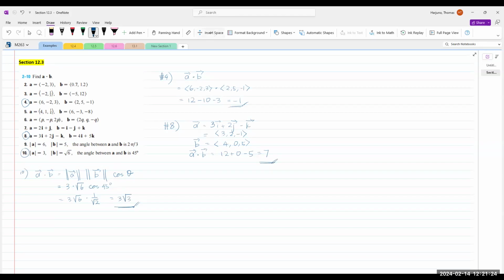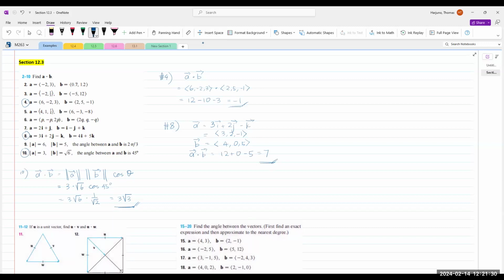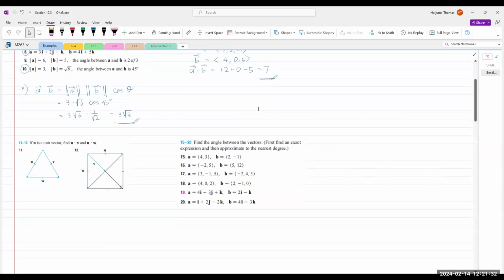Okay, now let's go on further. Some of the questions that I will go over here are very conceptual. For example, number 12. U is a unit vector, which means the length is 1, right?